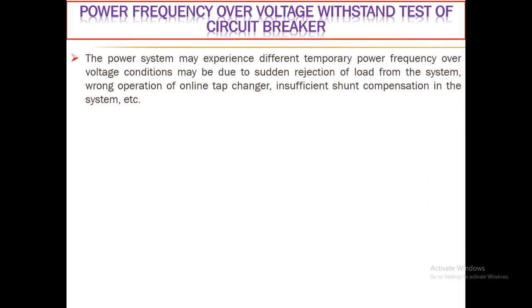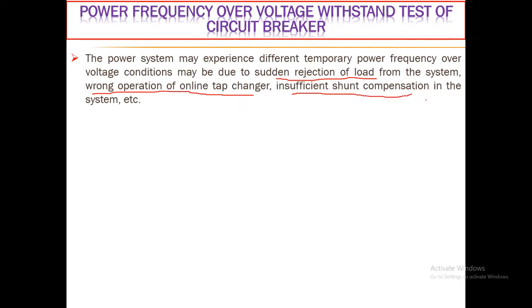So let us start the main topic I'm interested in discussing, that is the power frequency over voltage withstand test of circuit breaker. You know that the power system experiences different temporary power frequency over voltages due to the sudden rejection of load from the system, or sometimes the mal-operation of online tap changers, insufficient shunt compensation.